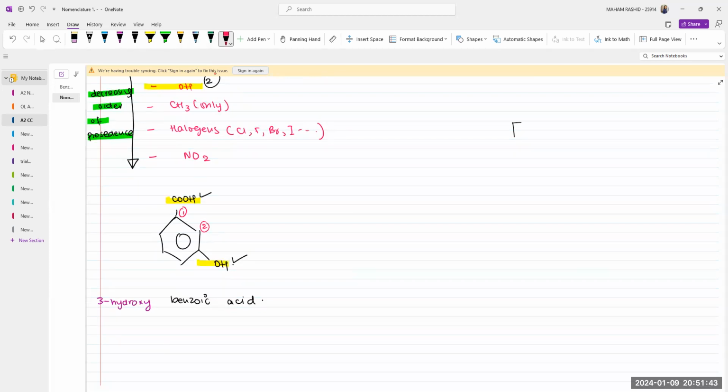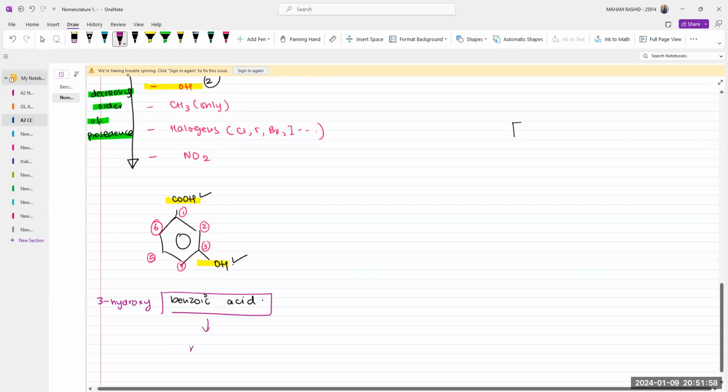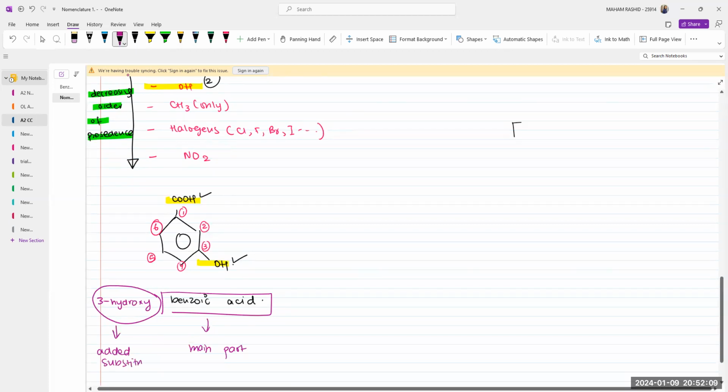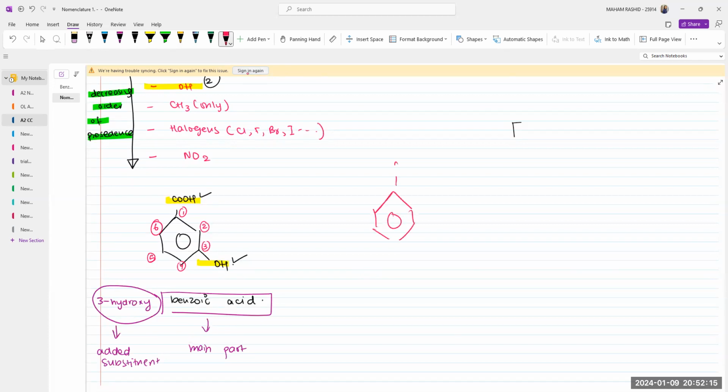Firstly, position numbers 1, 2, 3, 4, 5, and 6, right? Since carboxylic acid is given more importance, it becomes part of the root name, meaning the main part of the compound. 3-hydroxy is basically the added substituent to this. The main part of this compound is your carboxylic acid. If I were to name just this structure, I would name it benzoic acid.